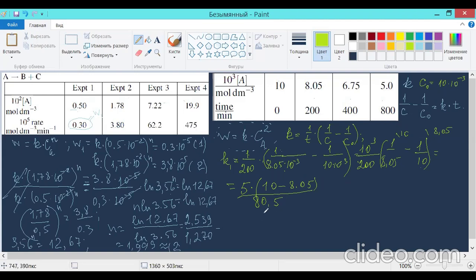I can make some simplifications in order to get an approximate value of k1. If we pretend that 8.05 is roughly 8, what we have in these brackets is roughly 2. 2 times 5 is 10. 10 over 80 is 1 out of 8.